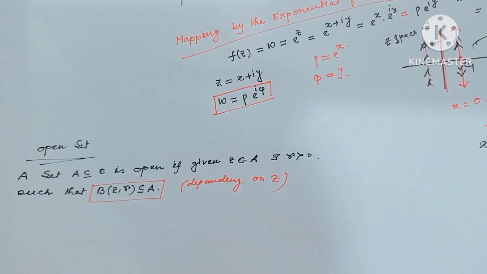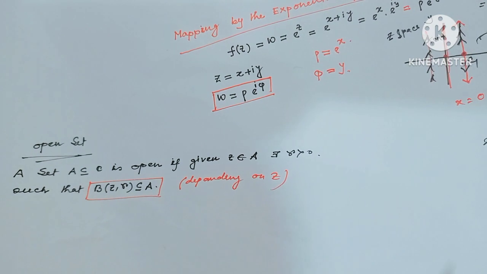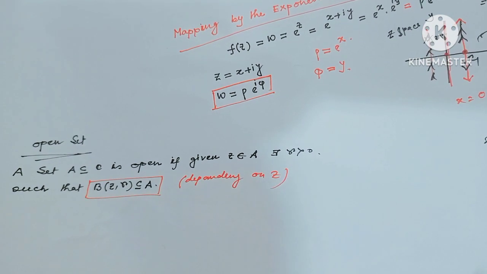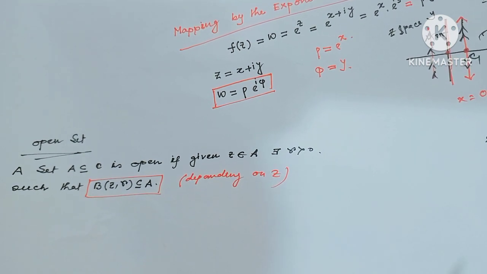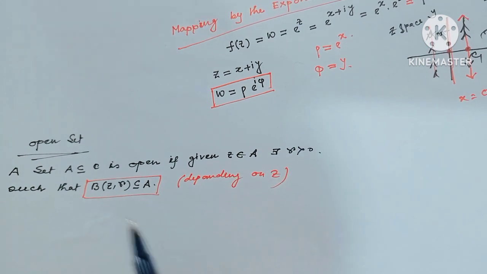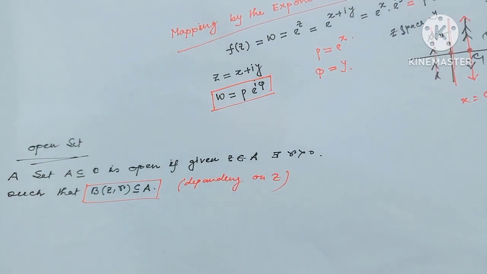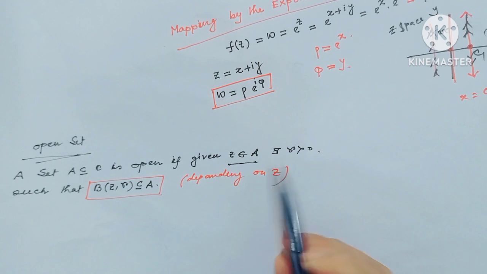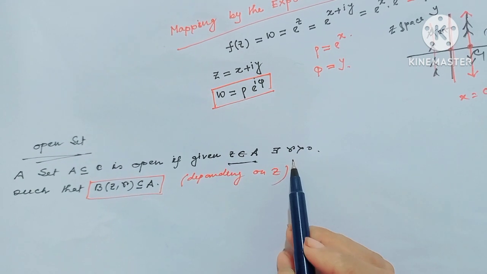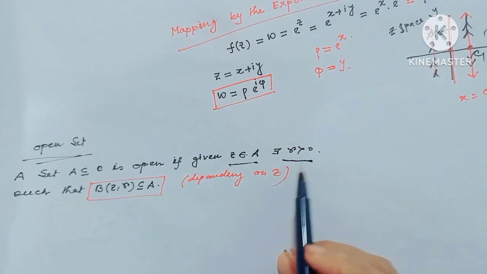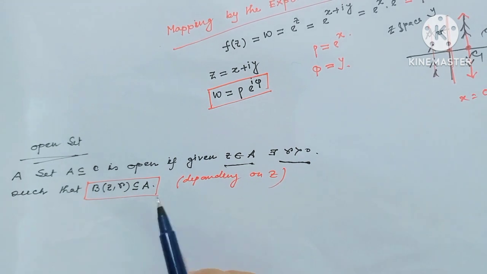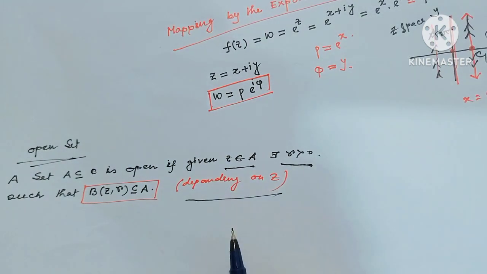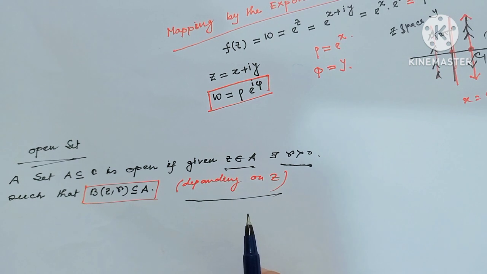We all know what an open set is. Now I will say what an open set is in the complex plane, similar to the real line. A set A, a subset of the complex numbers, is open if for every z belonging to A there exists a ball of radius r greater than 0 such that this ball is contained in the subset A, depending on z. This is the definition of an open set.